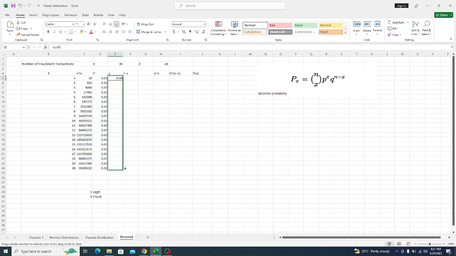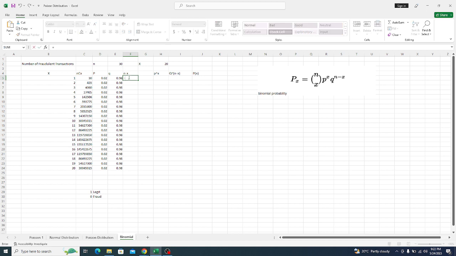So this is the probability of failure. Then we have n minus x. n is 30. So in this case it will be 30 minus the x here. It will be 30 minus the x, then drag it down to that point.